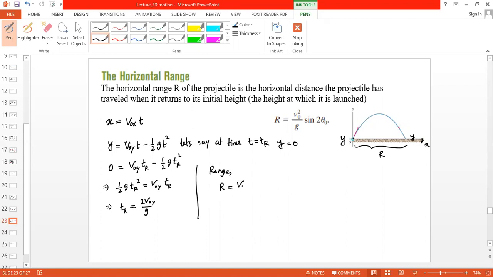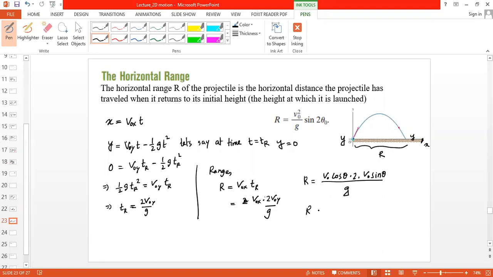So the range is basically equal to v naught x into tr, which is v naught x into 2 v naught y by g. We can write this in component form: v naught x means v naught cosine theta, and into 2 into v naught y means v naught sine theta.